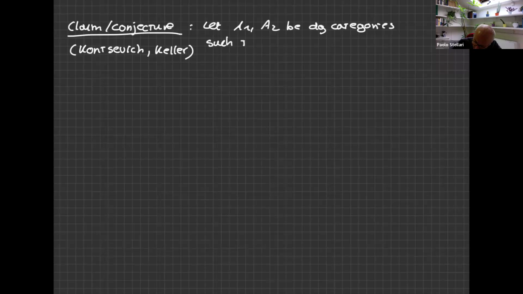Okay, but the key point is that before all this work had been done, there was this beautiful claim or conjecture, I don't know, by Kontsevich. It's a really beautiful idea, actually, I have to say. Then revisited also by Keller. It says the following: let A1 and A2 be DG categories such that A1 is h-projective.